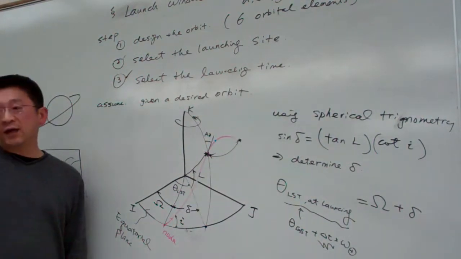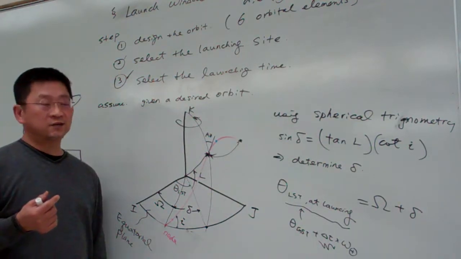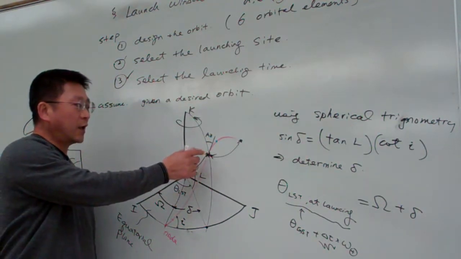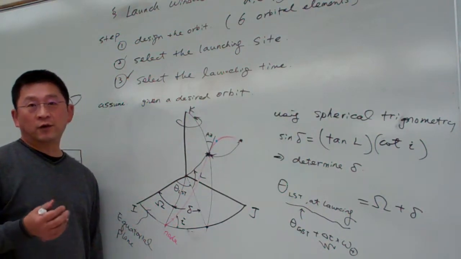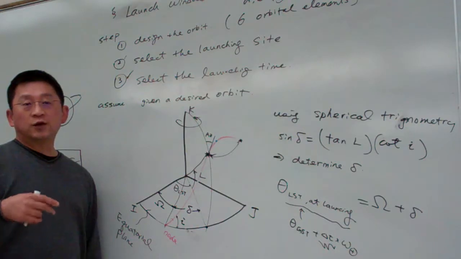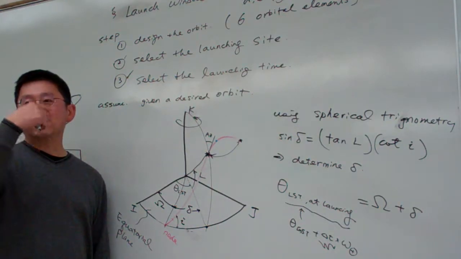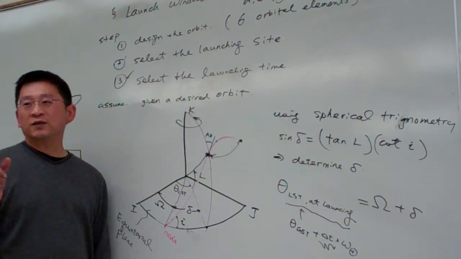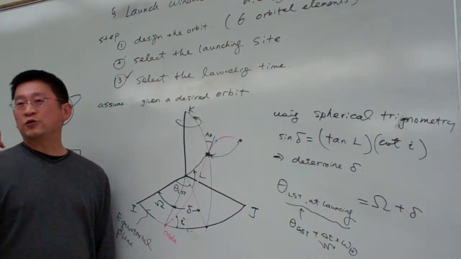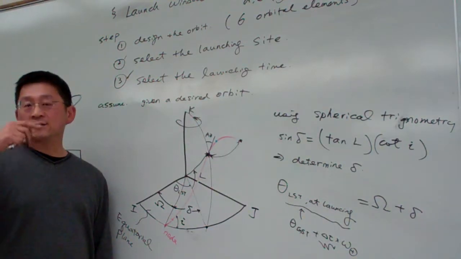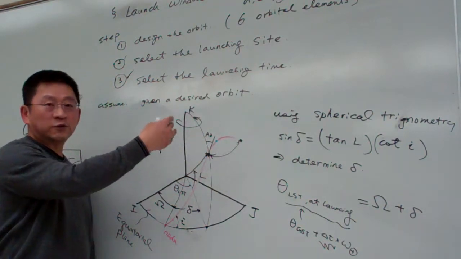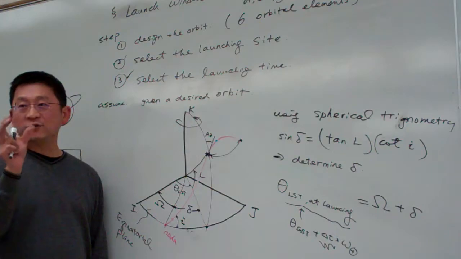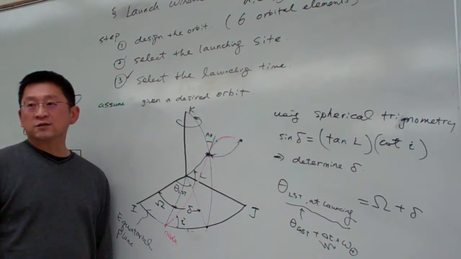So basically here we know how to select the launching time. And of course, this is a basic assumption, that the city just intersects with the projection of the orbit, and assuming the launching takes no time to bring the satellites to space, but usually it takes about a few minutes. So during the few minutes of the flight in launching, the orbit may be drifted a little bit, but that little drifting is okay.